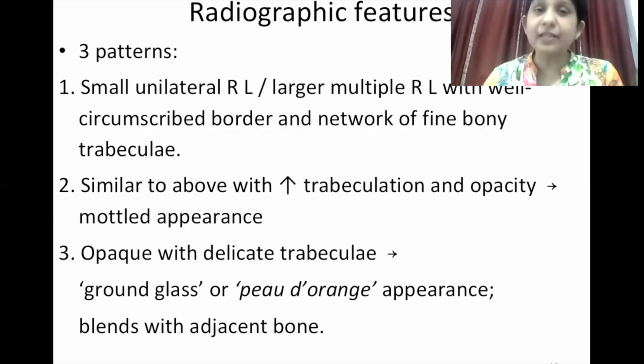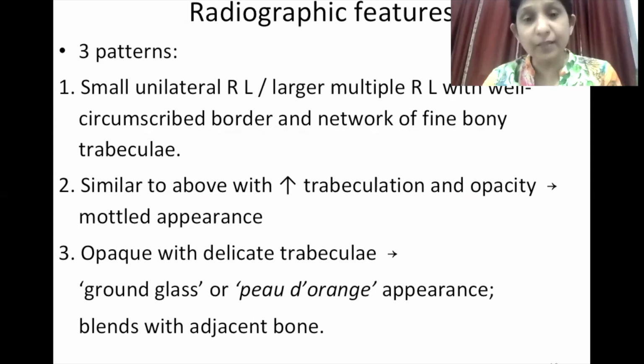So as I said, this woven bone will initially be seen in small specks, and all these small specks which are close to each other will now basically join with each other and form a larger bony area, which obviously is woven bone. It's not properly calcified, so obviously it's not functional. But then when you see it in an X-ray, you will find a larger area of radio opacity.